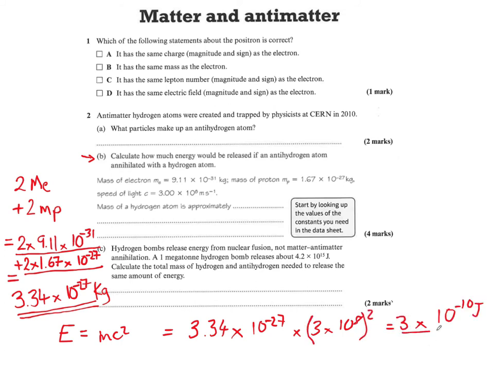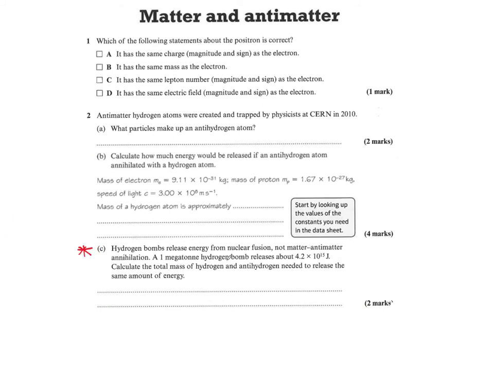Now that's quite a small number, but certainly big considering that you're just using two tiny atoms. This is asking how much matter is needed in order to release that much energy.